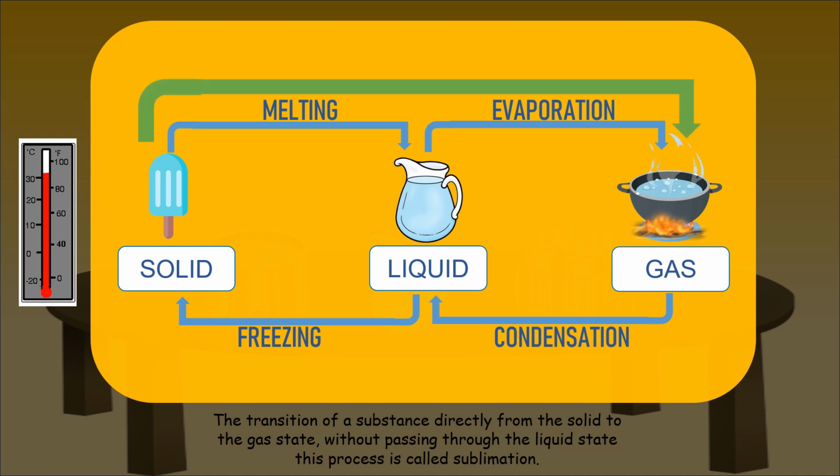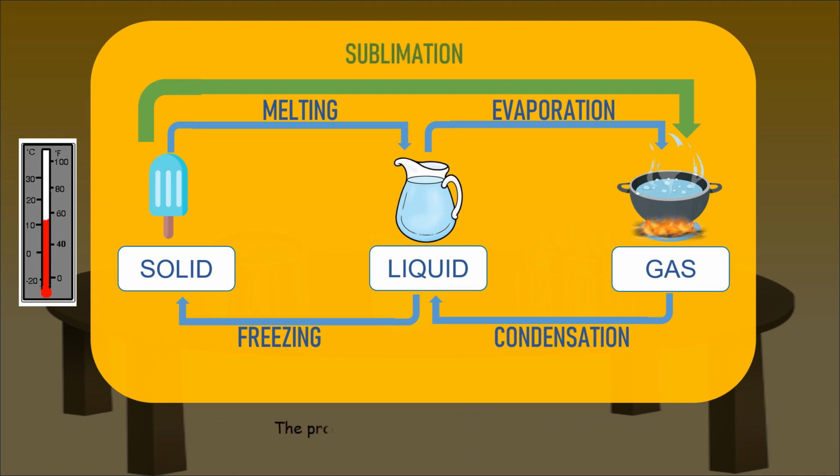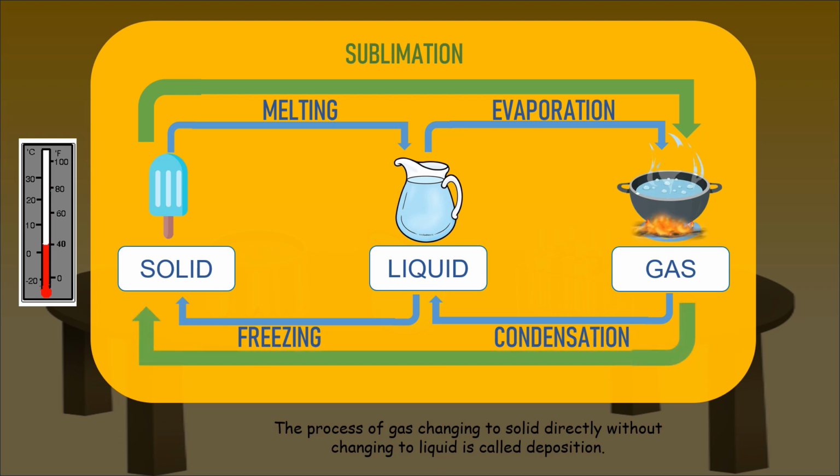From solid to gas, we call it sublimation. The process of gas changing to solid directly without changing to liquid is called deposition. From gas to solid, we call it deposition.